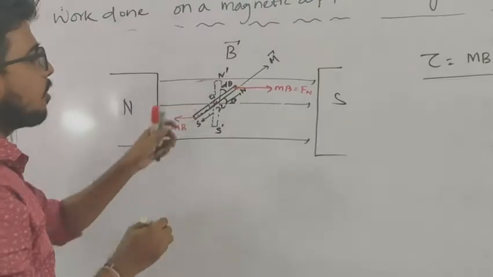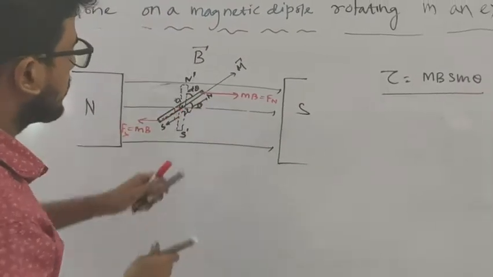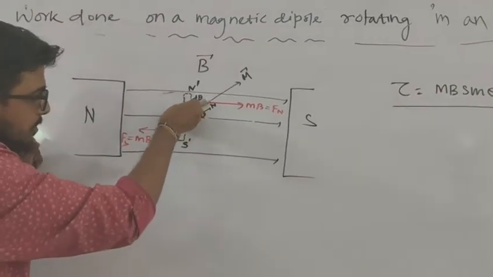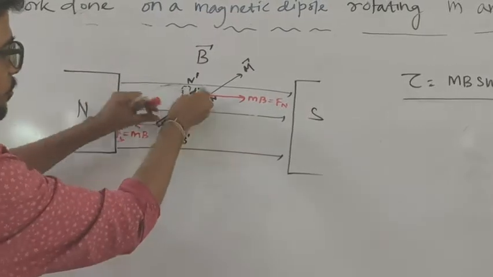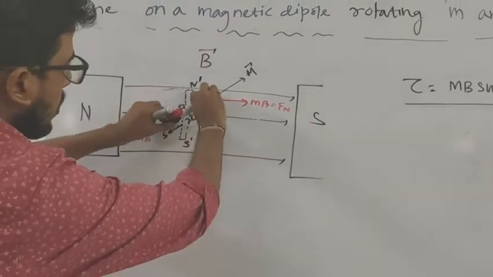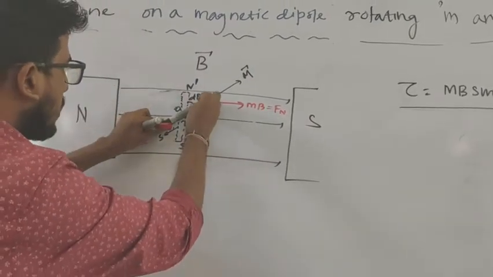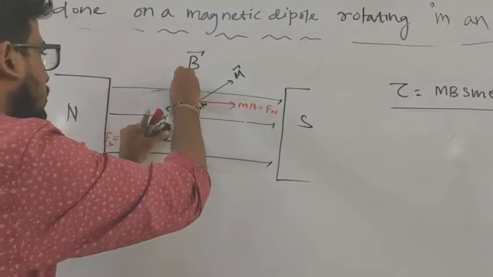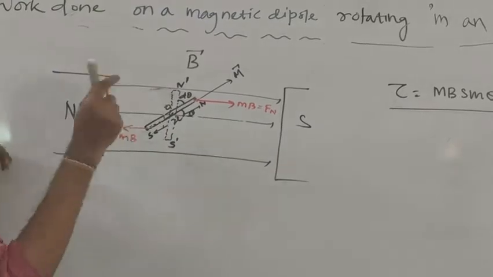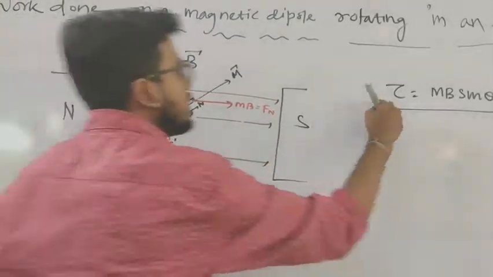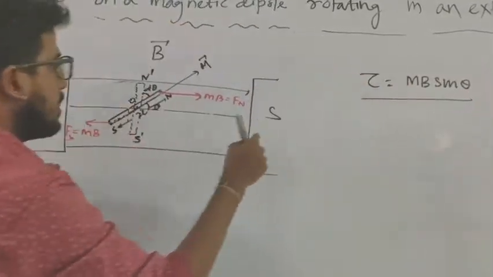So what will be the work done during this displacement? As the dipole is previously like this, and due to this, the external magnetic field puts a torque along this direction. But we want to rotate this dipole from this position to any further position d theta. So we have to apply an external torque similar to this torque, but in opposite direction.